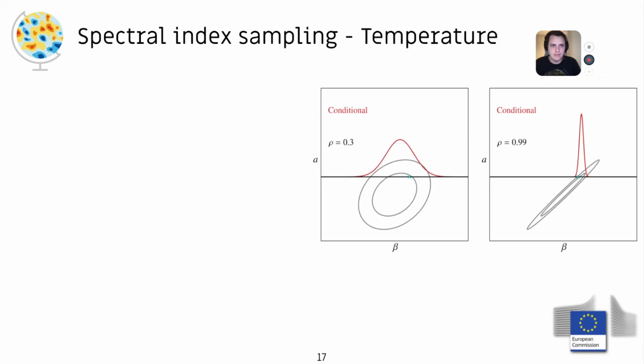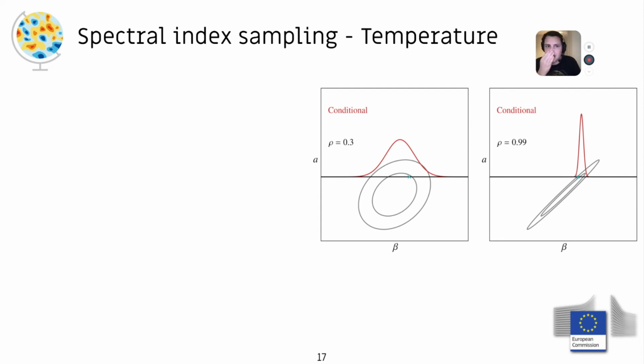Now, there are different obstacles that we can face when using these sampling methods. For example, when the amplitude parameter and the spectral indices are very highly correlated, which they often are. In that case, sampling can be very, very slow.